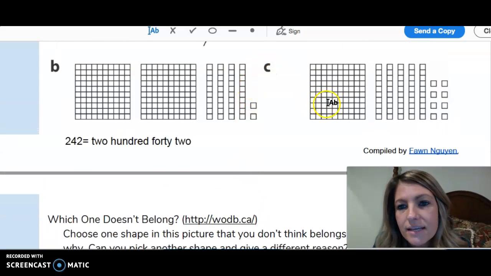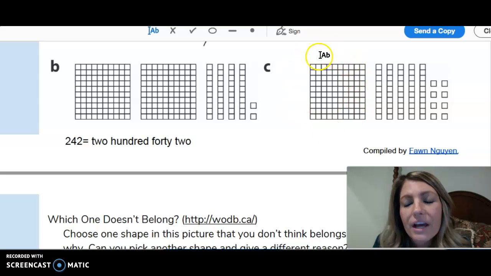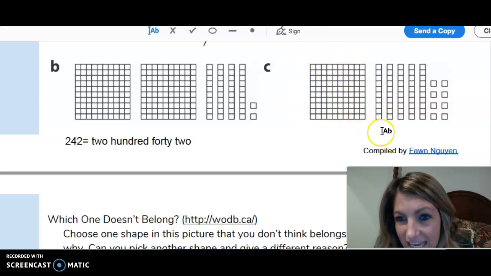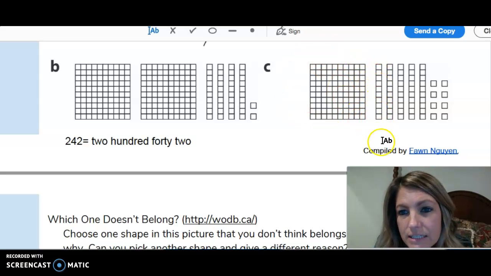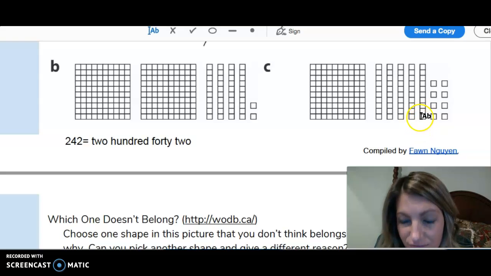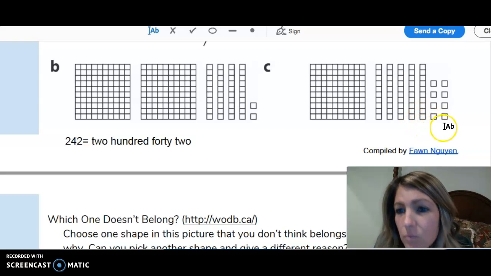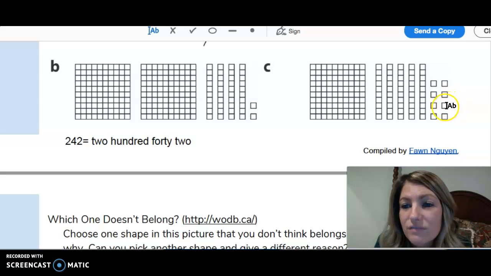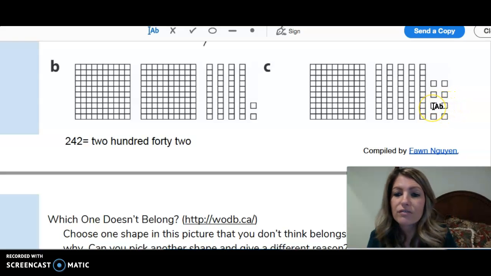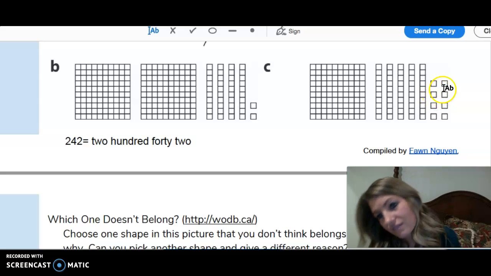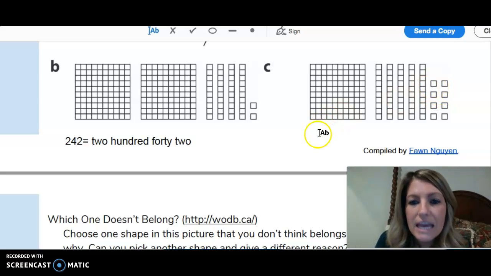All right, C. I'm going to count it up and I'm going to let you write it in word form this time. We've got 100, 110, because now we're moving on to our tens, 120, 130, 140, 150, 151, 152, 153, 154, 155, 156, 157, 158.